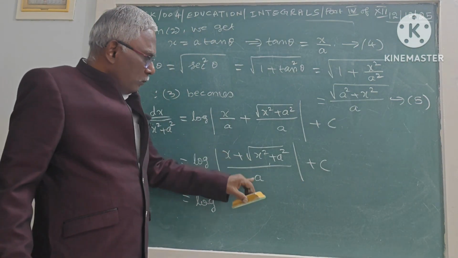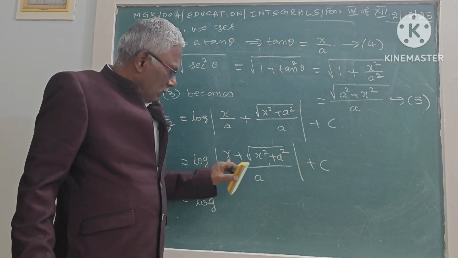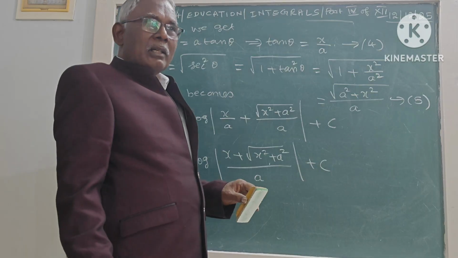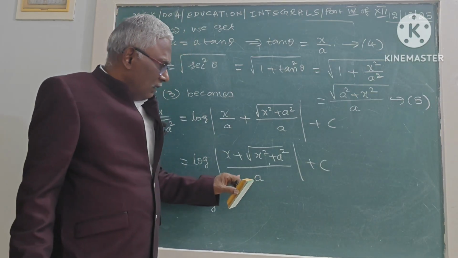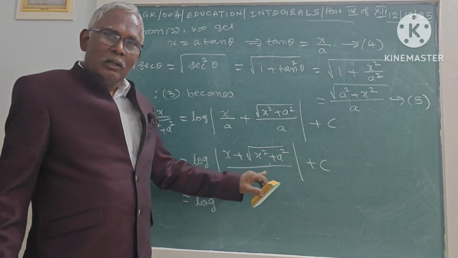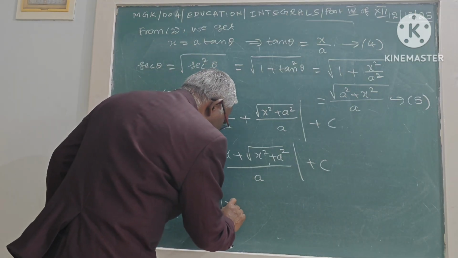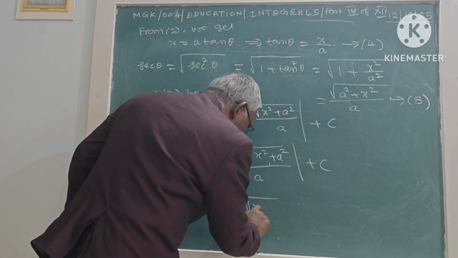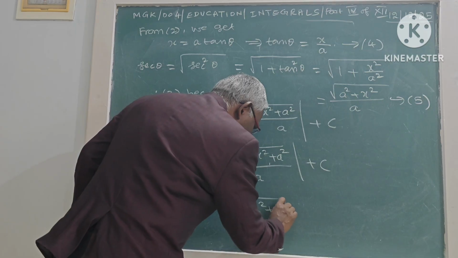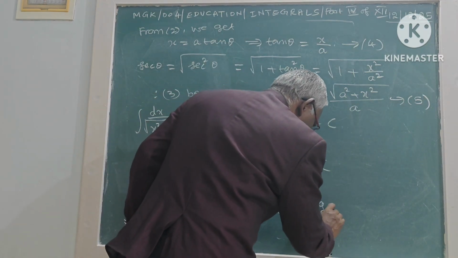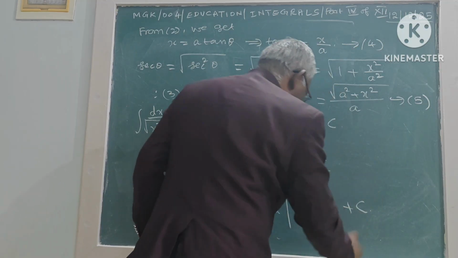This is log m by n form. How can you write log m by n? Log of m by n is log m minus log n. So this we can write as log of x plus square root of x square plus a square minus log a plus constant.